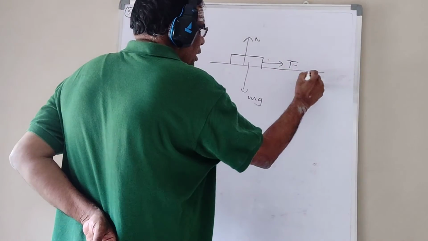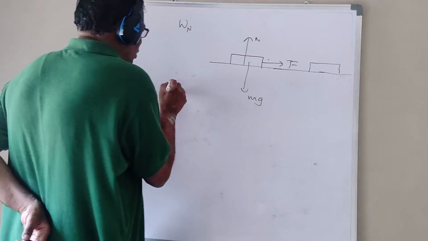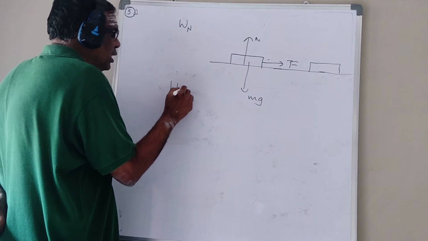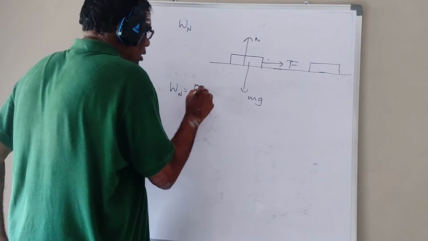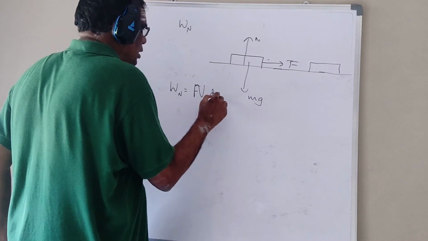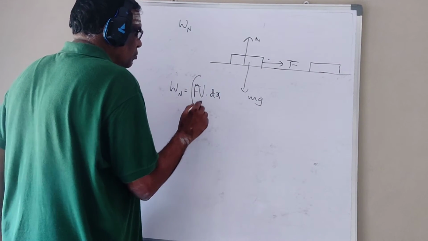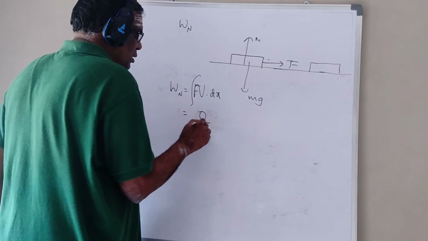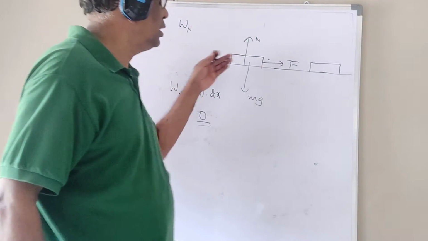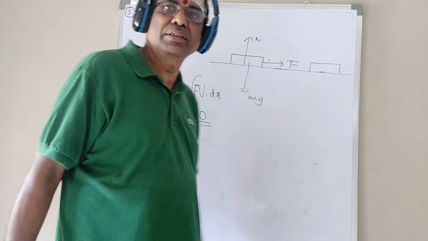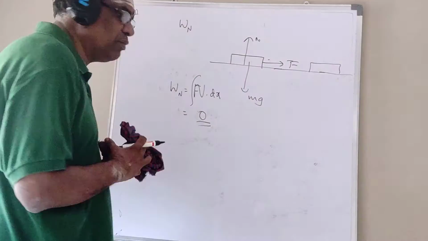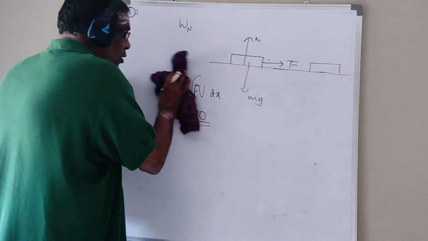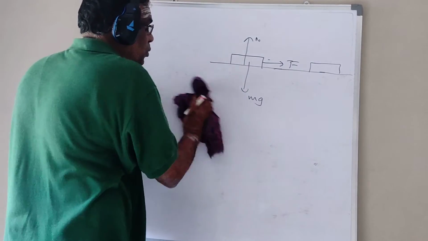This is displaced, but work done by N is N dot dx integral, and this is 0, because N is like this and the displacement is like this. Does it mean that normal force never does work? That is wrong. I'll show you now.